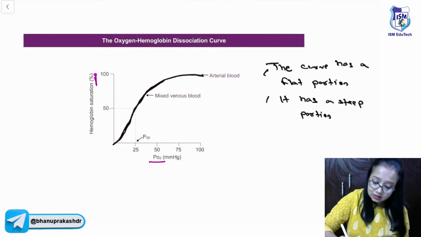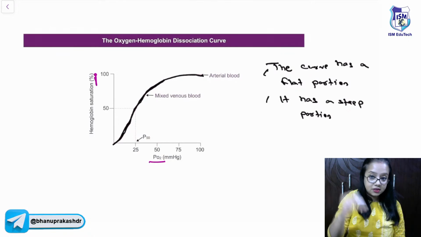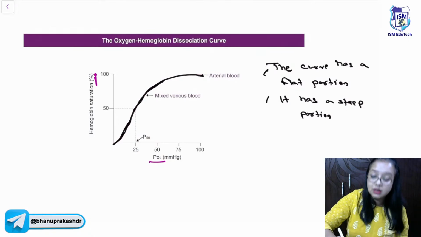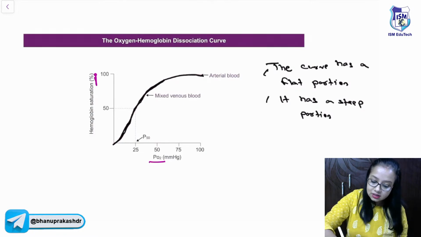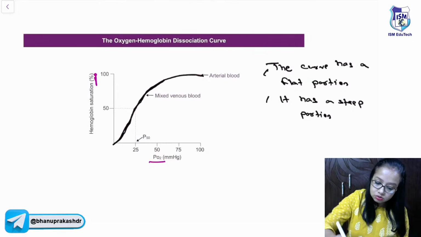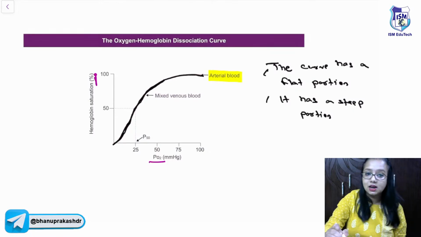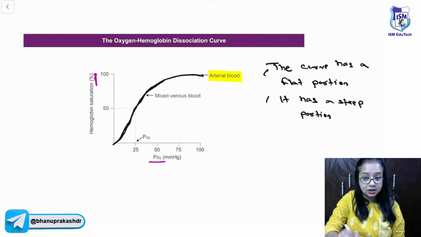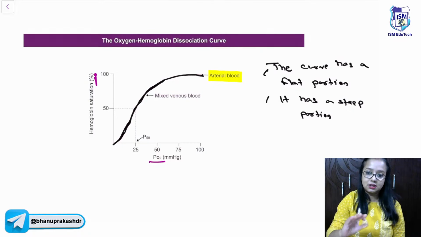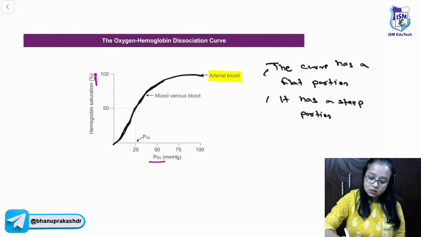Now, the flat portion where it has leveled off is marked with the arterial blood. This is the maximum saturation that the partial pressure of oxygen has in the arterial blood, which we can see to be almost about 100 mmHg, though it varies from 95 to 98. So, here it is shown as 100% saturated.